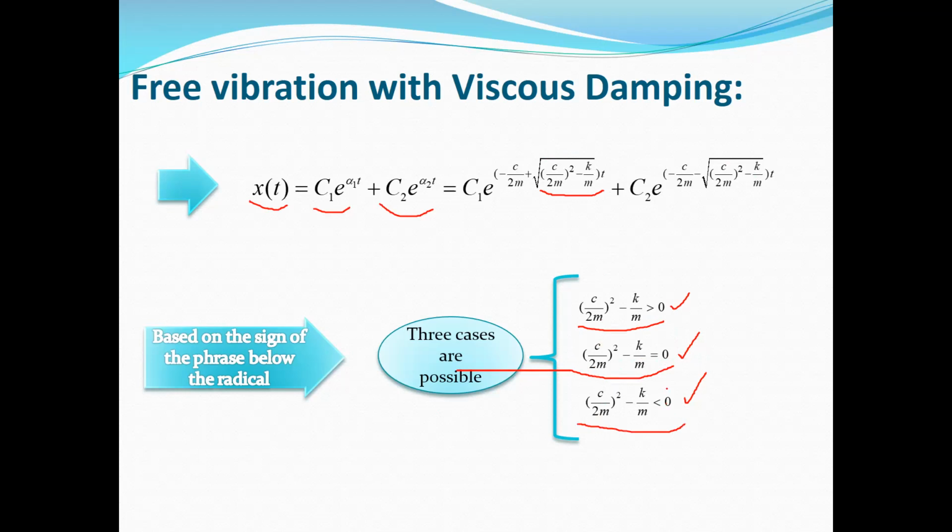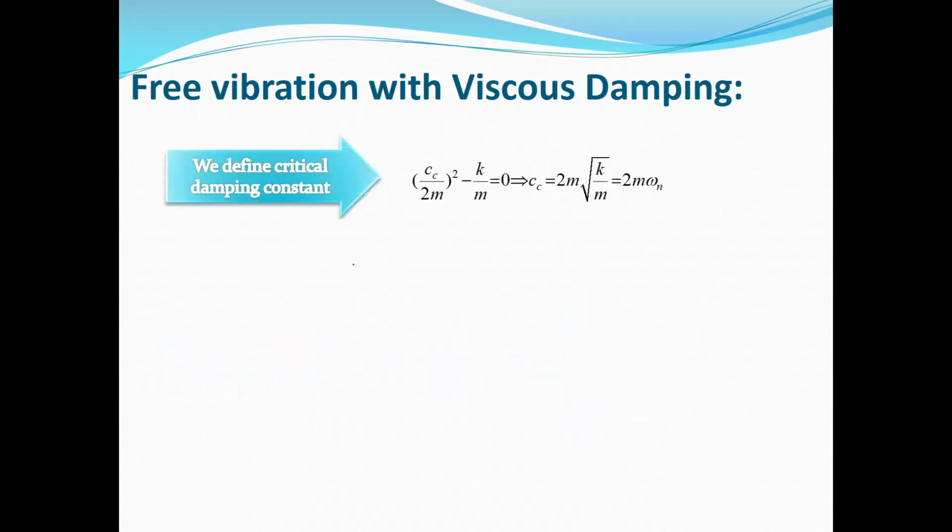Now we want to define one parameter, and then we will refer to these three different cases. We define a critical damping constant, or a new parameter. This C stands for critical. It means that this is a critical damping constant, and it's equal to 2 times m times omega n, or 2 times the square root of k times m.